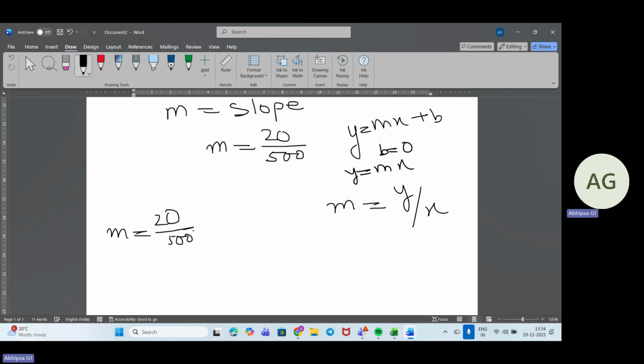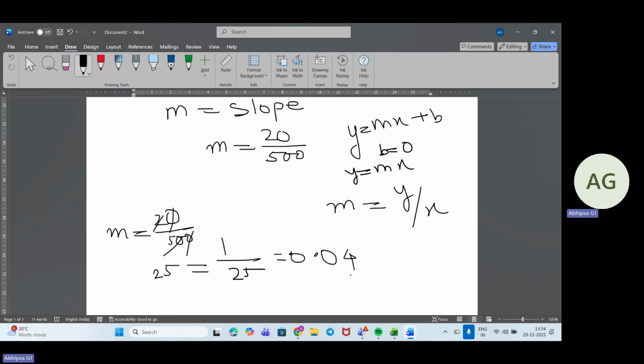If we cancel 0 and 0, 2 divided by 50 gives us 25. So our value of m equals 1 by 25, which is 0.04. So the value we are getting is 0.04.